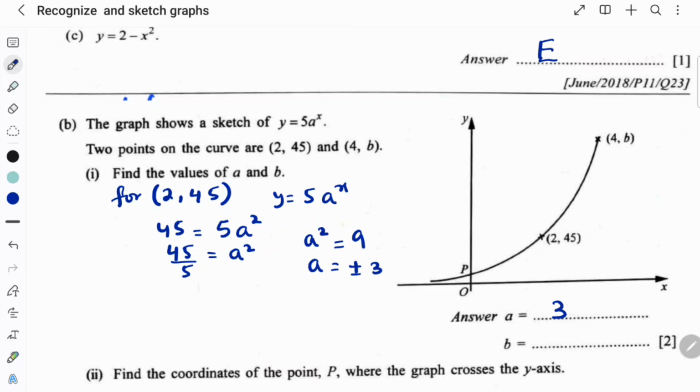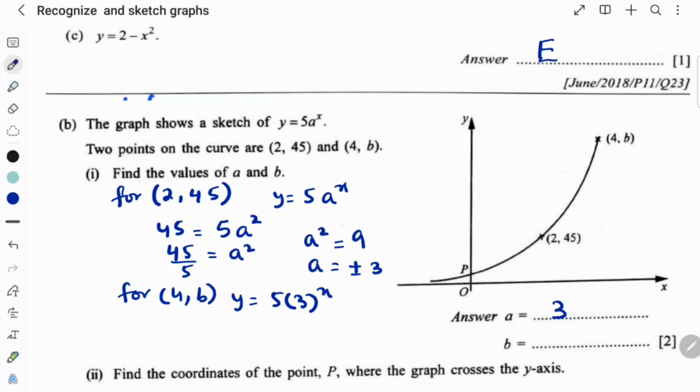We are going to find out the value of b. We are substituting 4 and b now in the same equation. Now for 4b, y is equals to 5a to the power x, and we know that a is already 3, right? So y is equals to 5 times 3 to the power x.